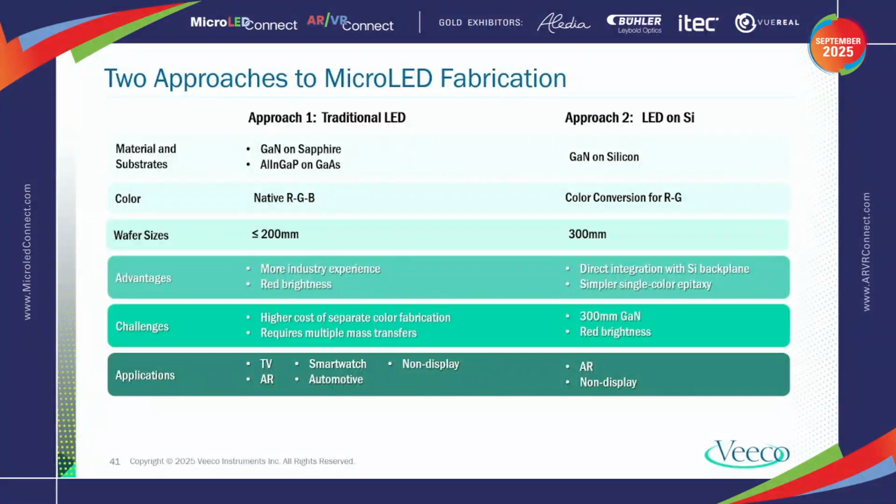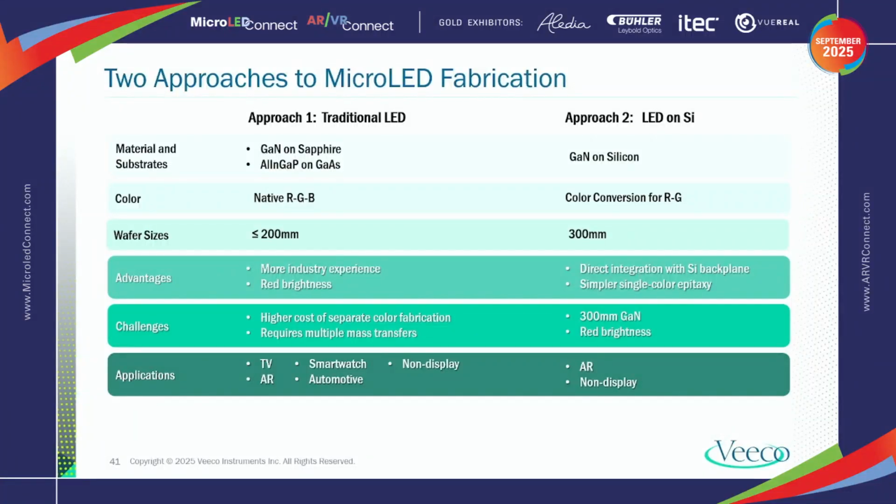But at the same time, there's a lot more experience over time in the industry of making these traditional LEDs. But it can be a high cost process, and requires multiple mass transfers. So there are pros and cons on each side, and there are many companies working diligently on resolving these challenges, as we know.